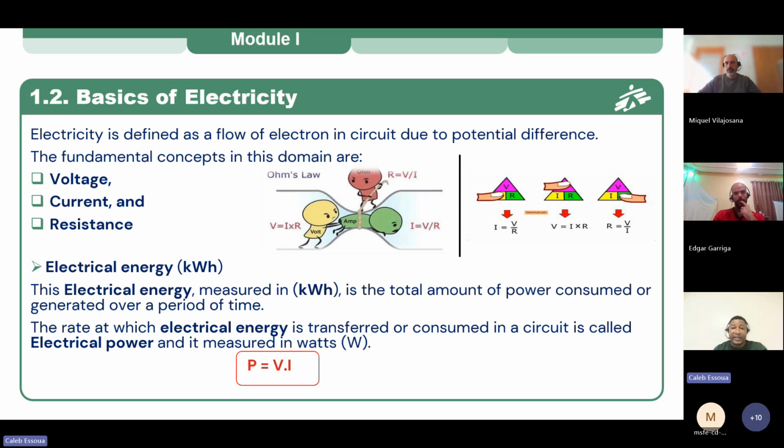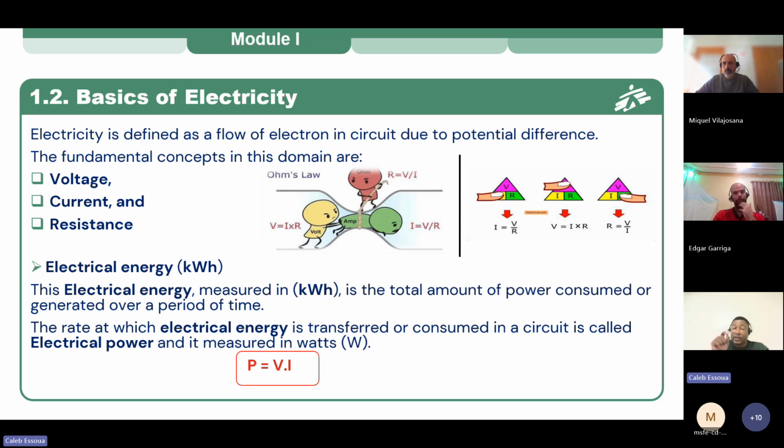What I'm showing this for is that in your case study, when you look for the devices you have, on the device nameplate sometimes you cannot find the electrical power. You will just find the voltage and the current.